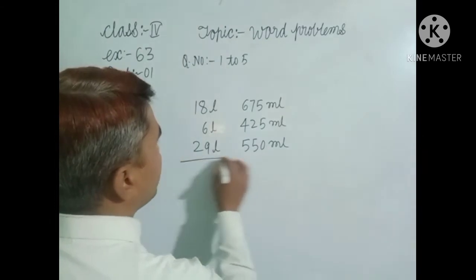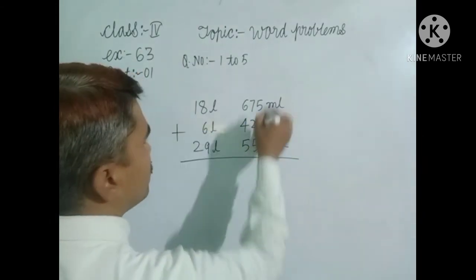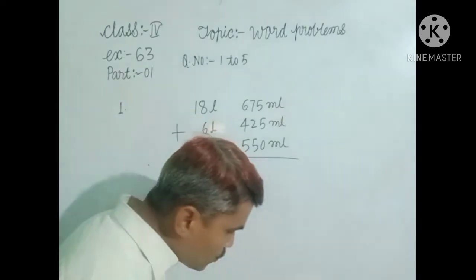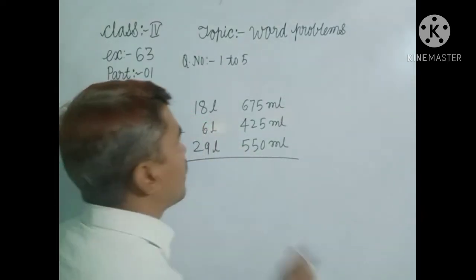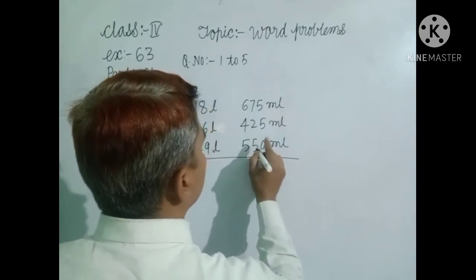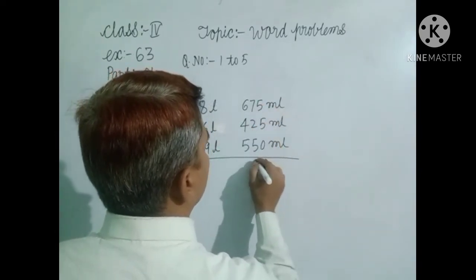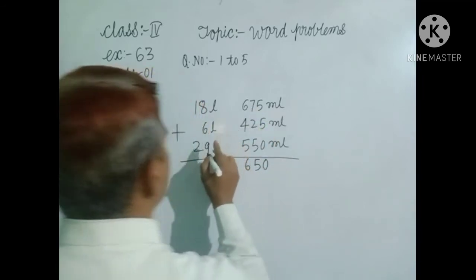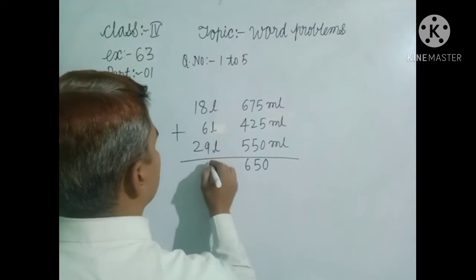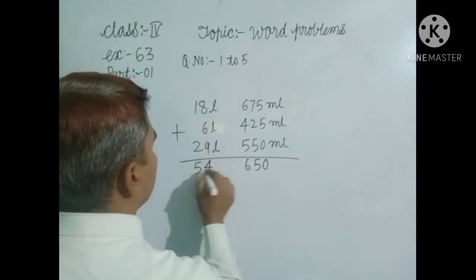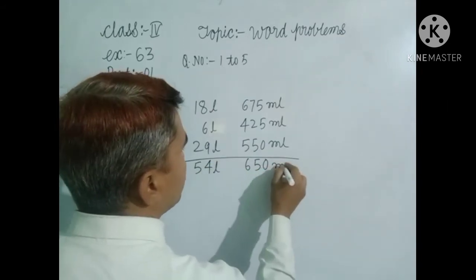When you add them, you find the total quantity of milk sold by Ramu. That means 54 liters 650 milliliters.